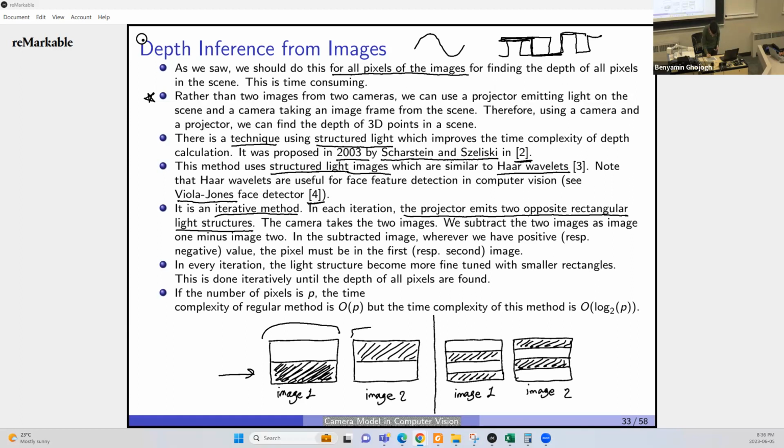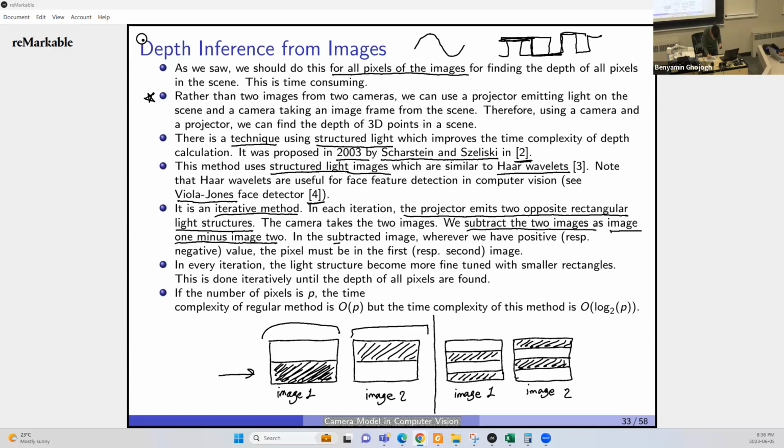The second image is the opposite. The camera records the first, then the projector does the opposite, and the camera also records that. So we have 2 images. We subtract the 2 images as image 1 minus image 2.